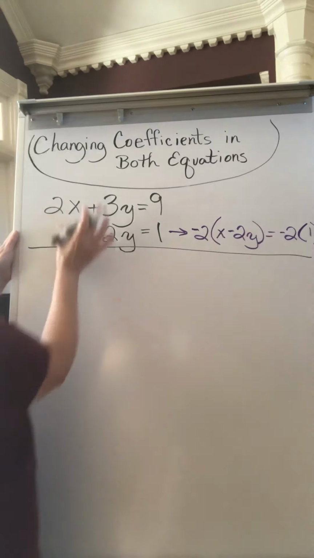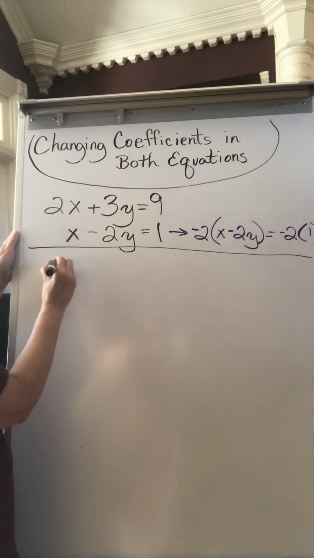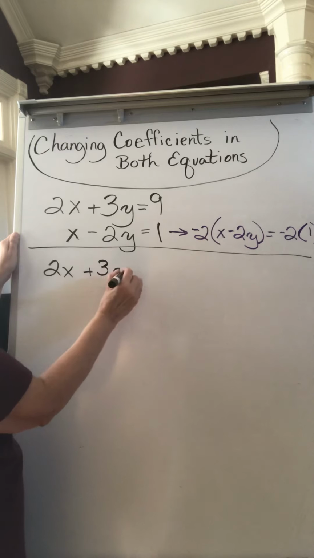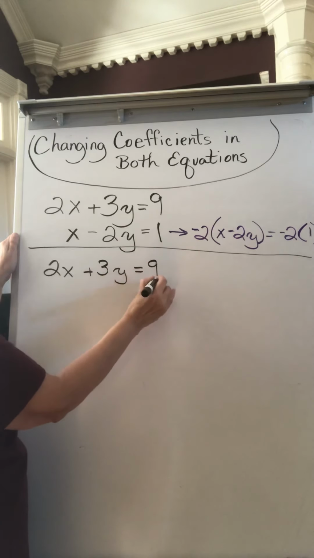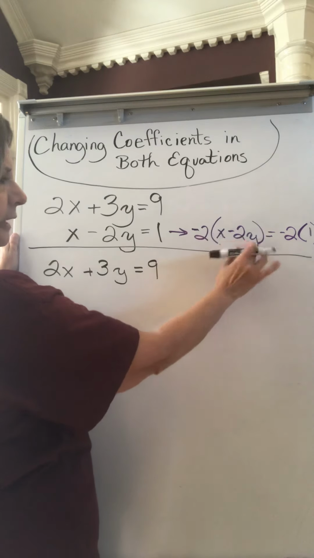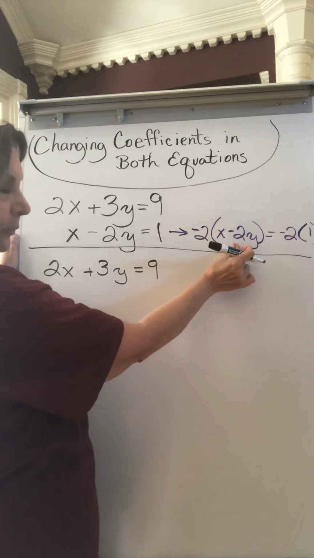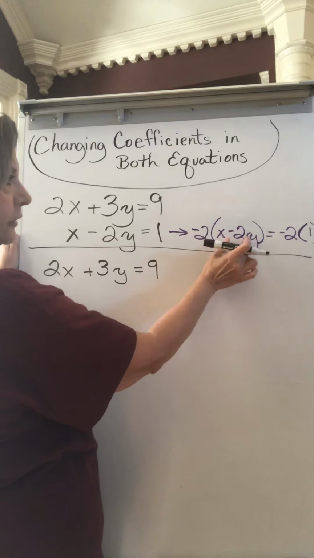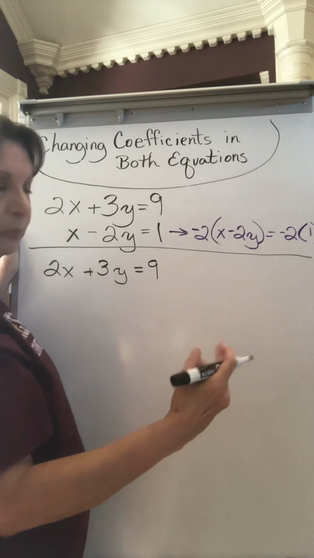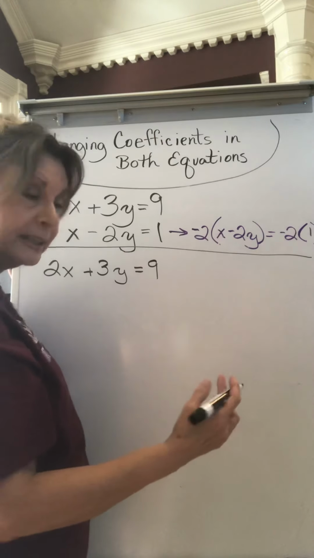Now I'm going to come down here and rewrite 2x plus 3y equal 9. And right here, because I can't combine anything within my parentheses because they're unlike terms, therefore, I must use my distributive property, which we talked about in an earlier lesson.